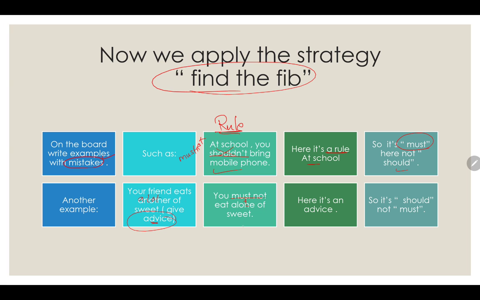They may say, no teacher, this is advice. So with advice, we don't use must, we use should. So here it will be shouldn't. Instead of must, we are going to use should. So the sentence will be, you shouldn't eat a lot of sweets. This is how we can apply the strategy find the fib.